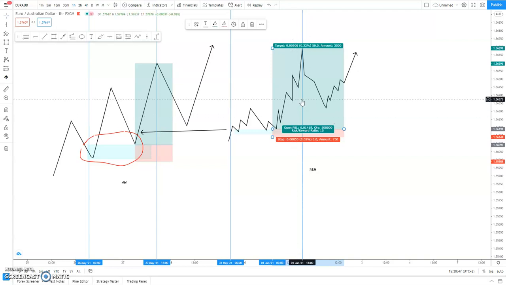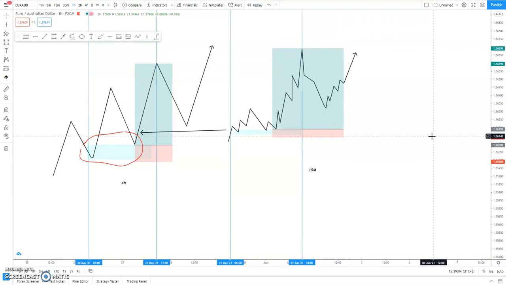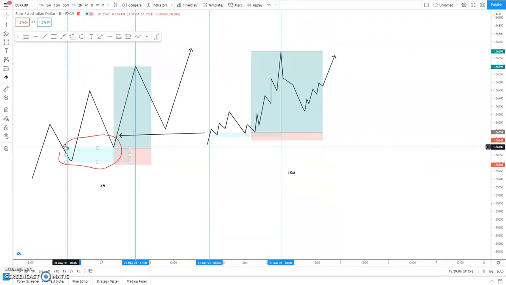So that's how you will find higher risk to reward trades on the same setup, by refining your stop loss to be a bit smaller, but with a higher risk to reward. As I explained in the previous video, a demand or supply zone is usually a sideways movement.